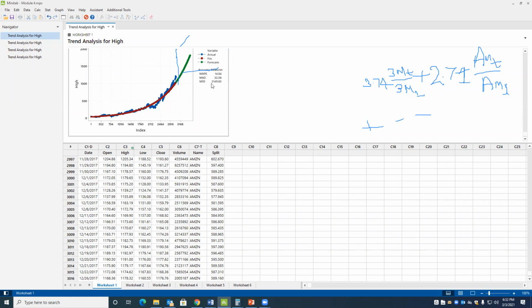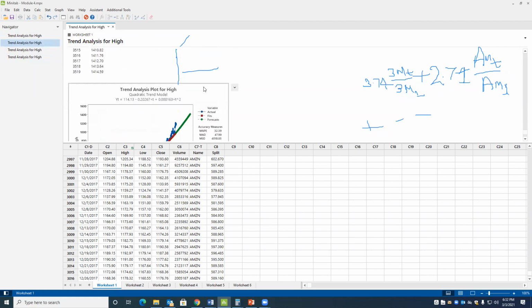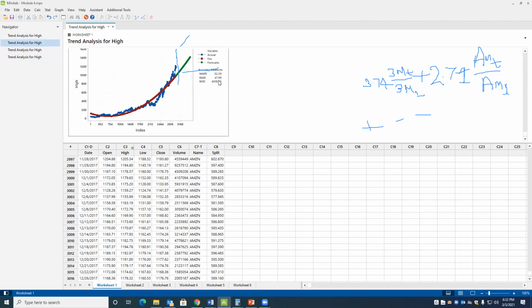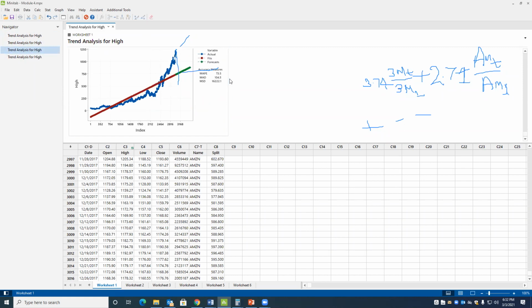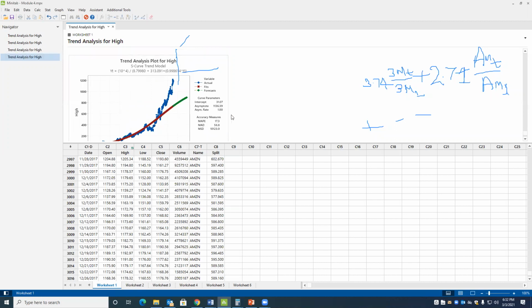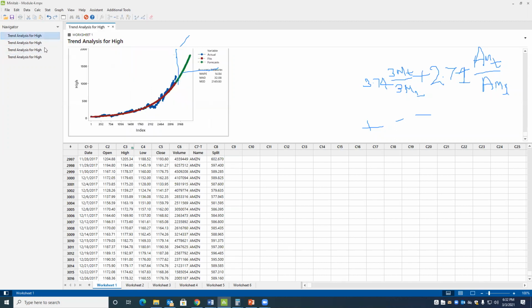MAPE, MAD, MSD. This is the exponential. This is, I think, the quadratic. This is, I think, the linear. And this is the S-shape. Which one is the least? The least one is the best fit, because we are looking into the trend.